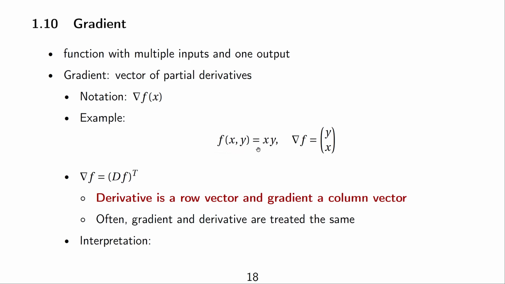An example: we have f of x, y equals xy, and then the gradient of f is y and x. So the gradient is almost the same as the derivative in numerator layout, except that the gradient of the function is the derivative transpose. So again, the derivative is a row vector and the gradient is a column vector.